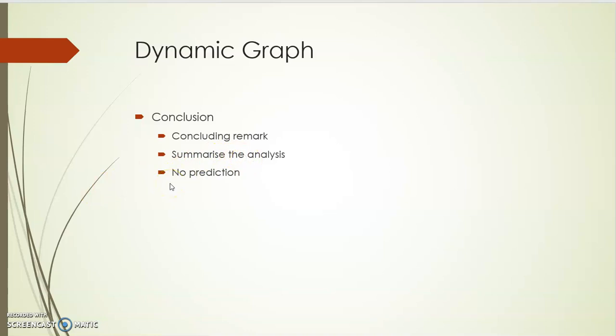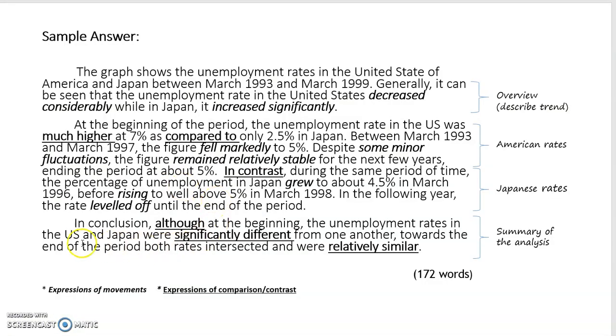So let's look at an example. Okay, we have a concluding remark here which says, in conclusion, although at the beginning the unemployment rates in the US and Japan were significantly different from one another, towards the end of the period, both rates intersected and were relatively similar. Okay, so it's not the same with what was written in the introduction.